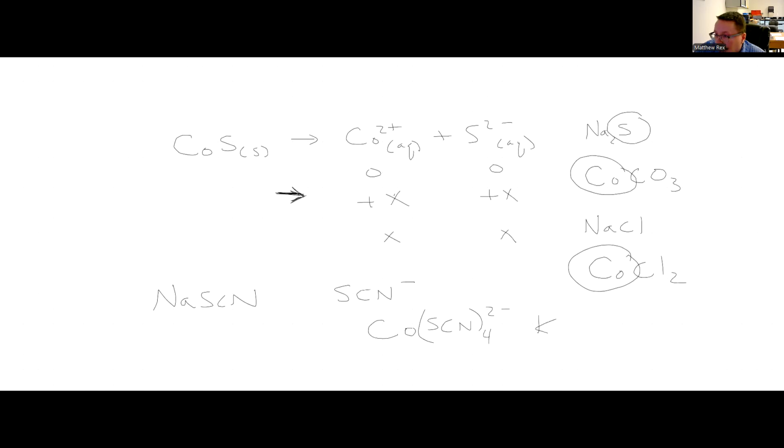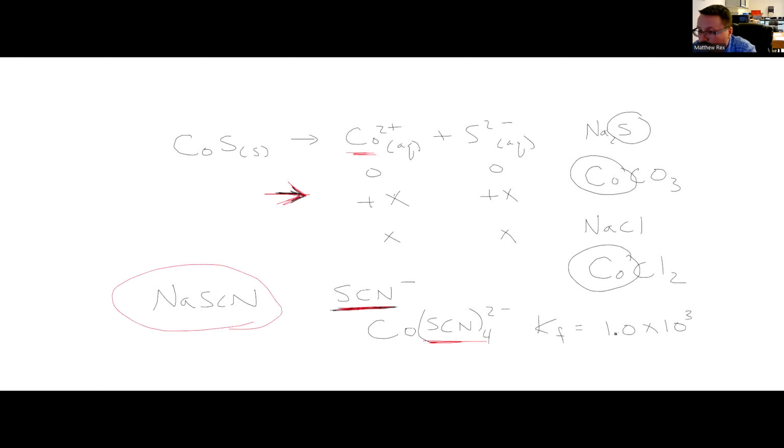That has a large K sub F, about 1,000. So that means if we add sodium thiocyanate, we'll get that thiocyanate ion, which will complex with the cobalt and remove the Co2+ from the solution. So we're removing a product, and that's going to pull the reaction to the right. That's why sodium thiocyanate would be the answer based on those K F values.